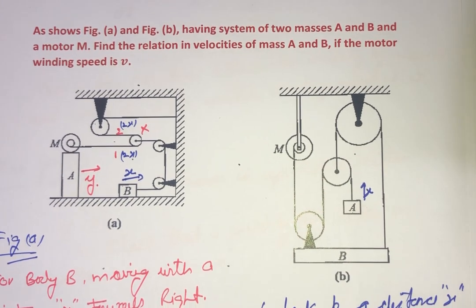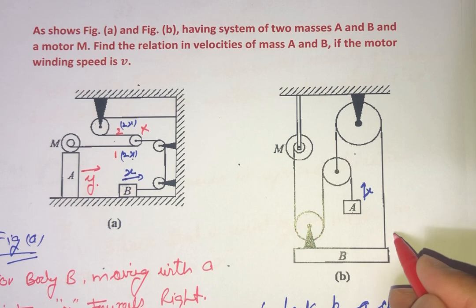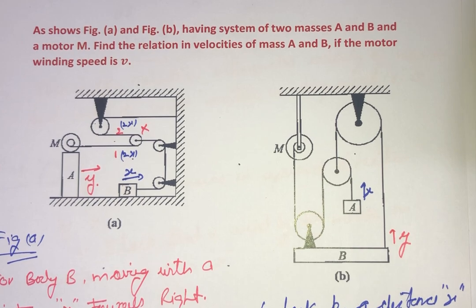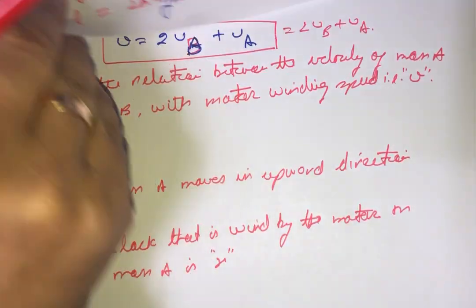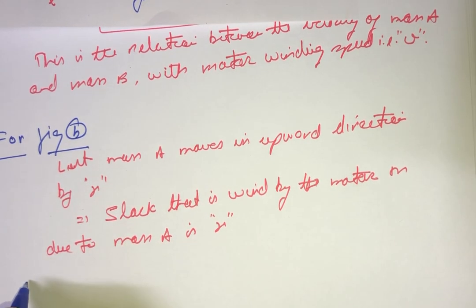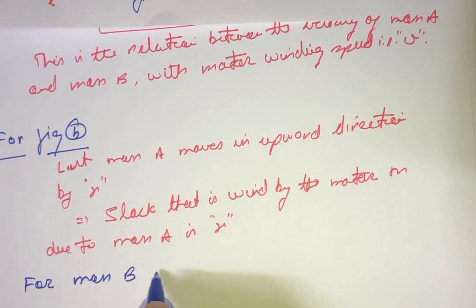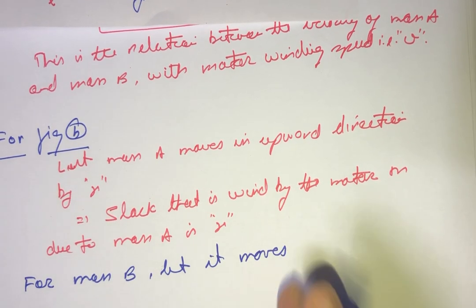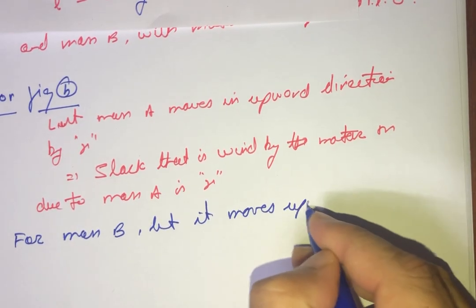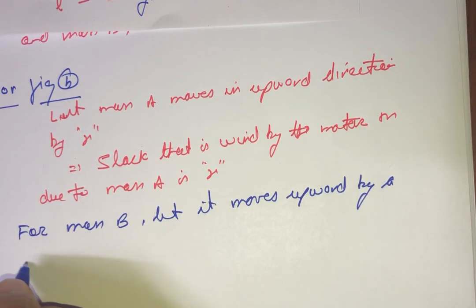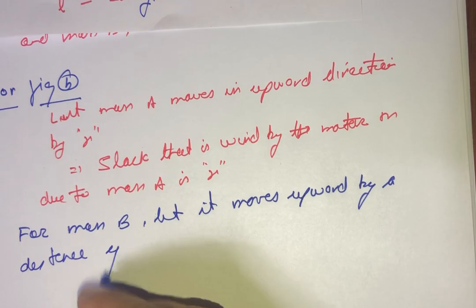Okay. Now in the second case, we assume that mass B moves upward in the y direction with a y displacement. So for mass B, let it move upward by a distance y.